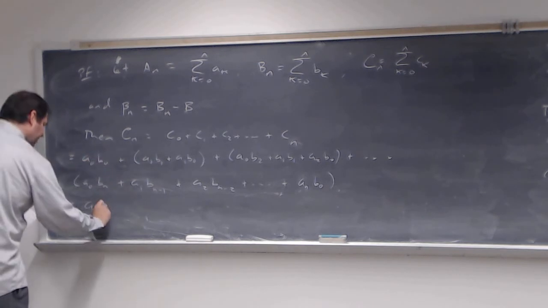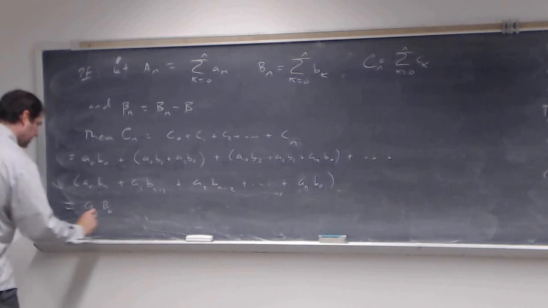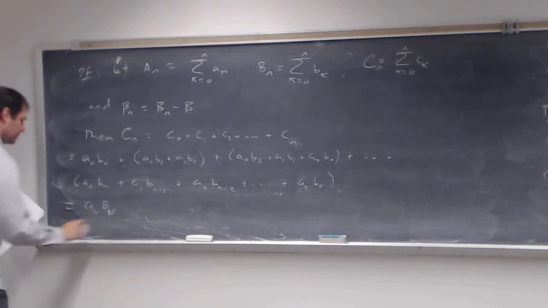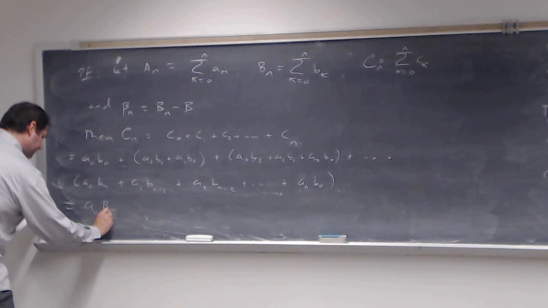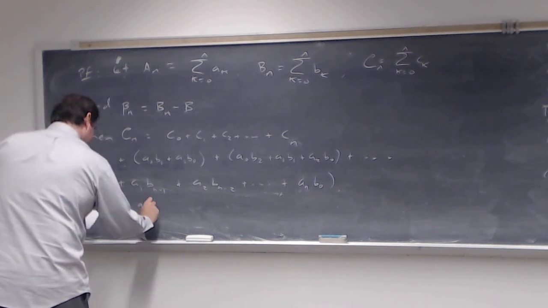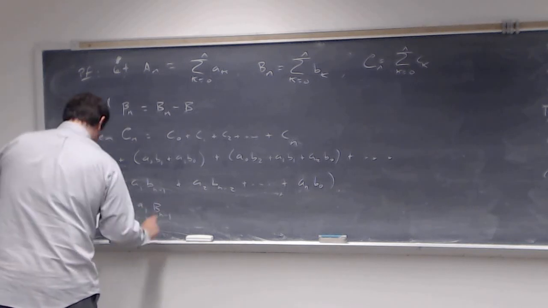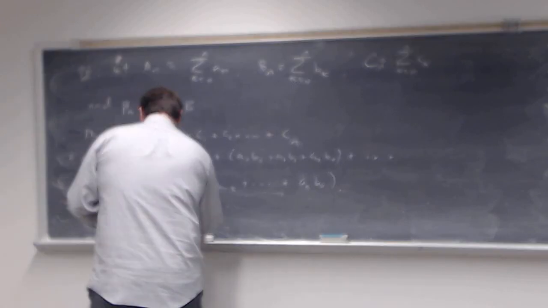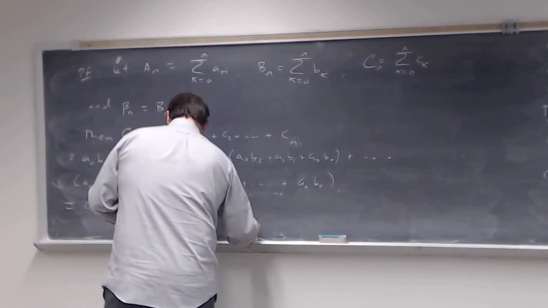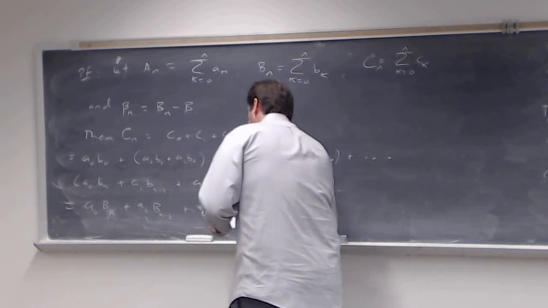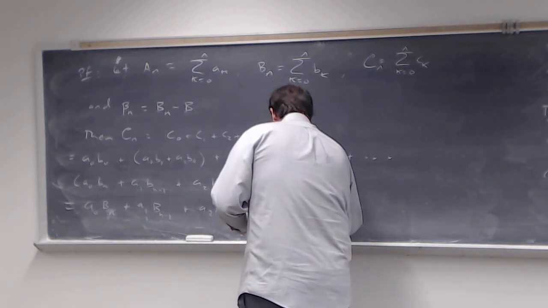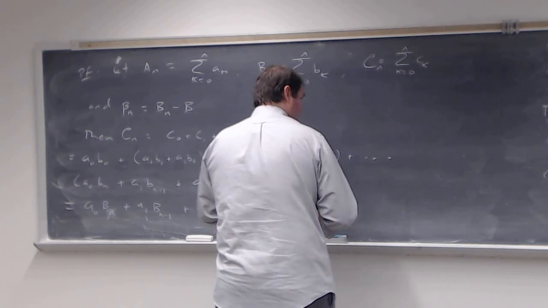Well, that sum is big B sub n, I should make it a little n. Okay. Plus this would be a sub 1, b sub n minus 1. We can continue like this. Plus a sub 2, b sub n minus 2, all the way up to a sub n, b sub 0.